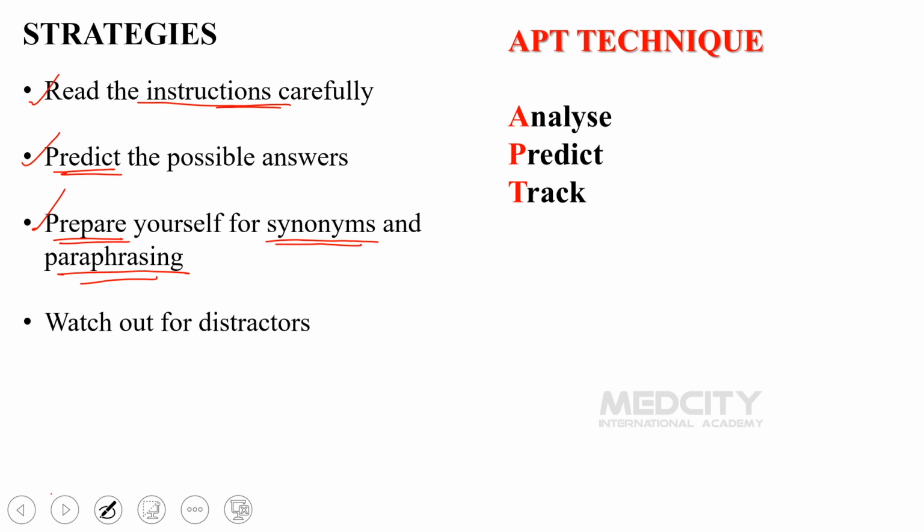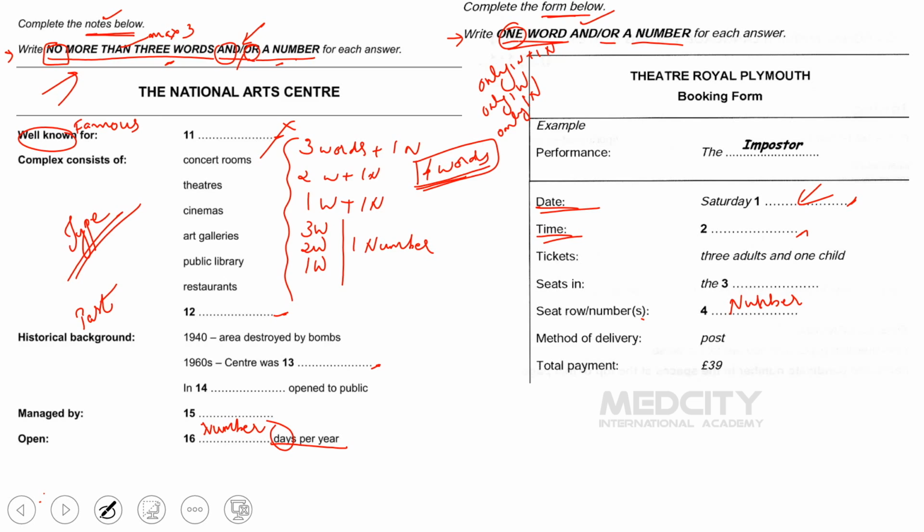Then the next point that you have to be careful about is watch out for distractors. Now, distractors are words sometimes which might mislead you. You might feel that is the right answer, but that will not be the right answer. For example, here you can see time. Now, the time of booking is being asked here.